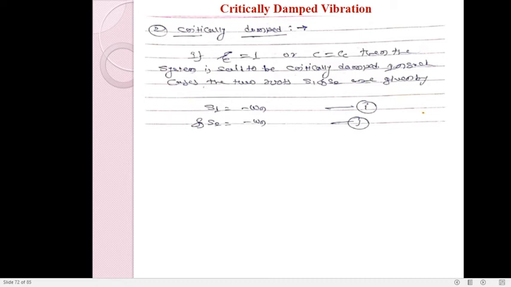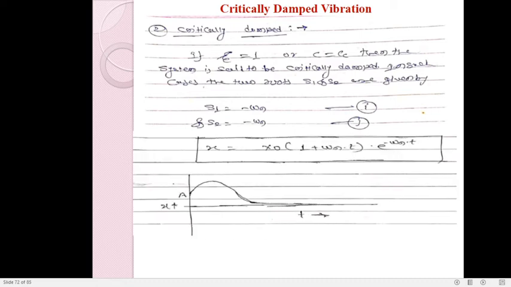Instead of going into the detailed derivation for finding x, we follow the steps we used in the overdamped system. We apply the initial conditions, put their values in the x and x dot equations, and find the values of a and b.